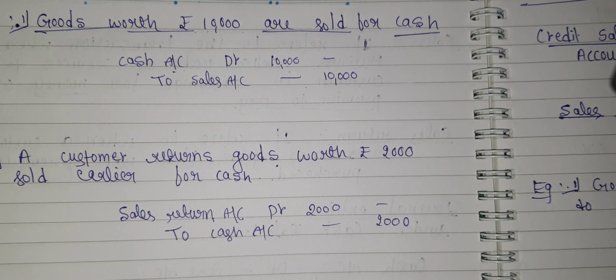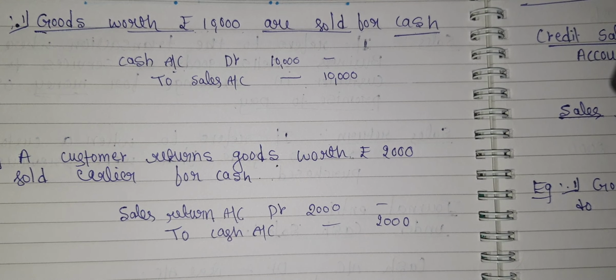Account receivable account is classified as a personal account because it represents the amounts owed to the business by its customers, means debtors, and those customers are considered individuals or entities. So personal account deals with individuals, companies or organizations.